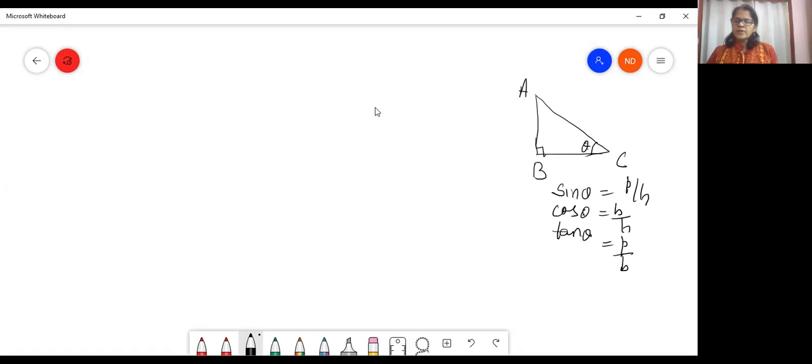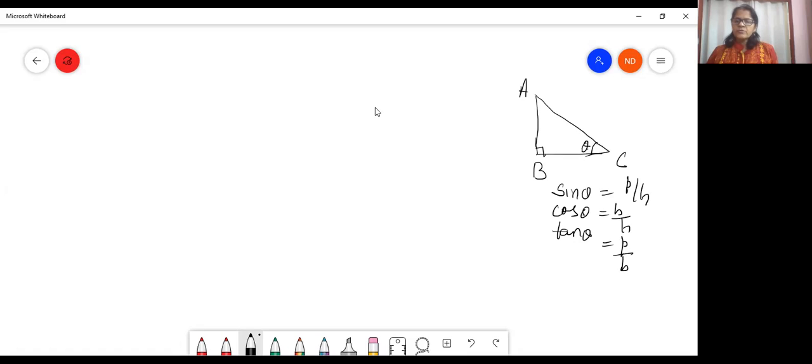You are already familiar with this concept, and also with the reciprocals: reciprocal of sine theta is cosec theta, reciprocal of cos theta is sec theta, reciprocal of tan theta is cot theta. That is also clear to you.